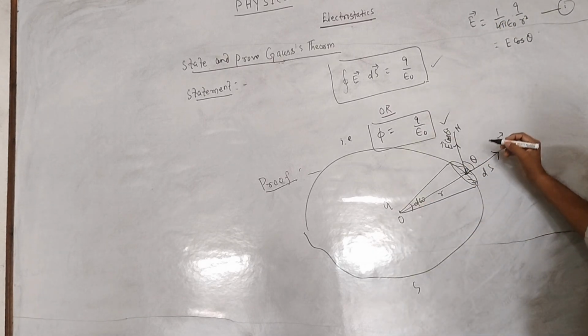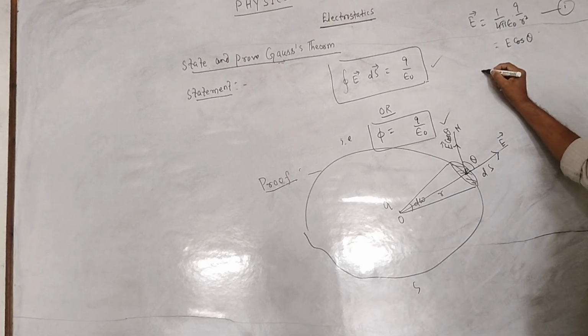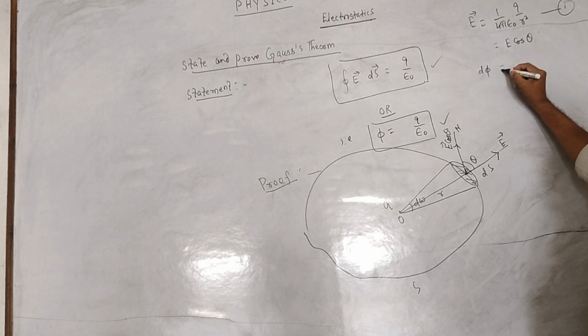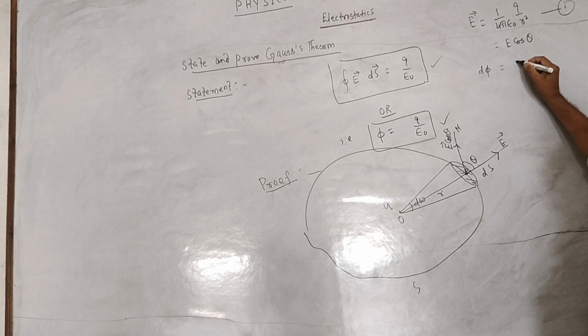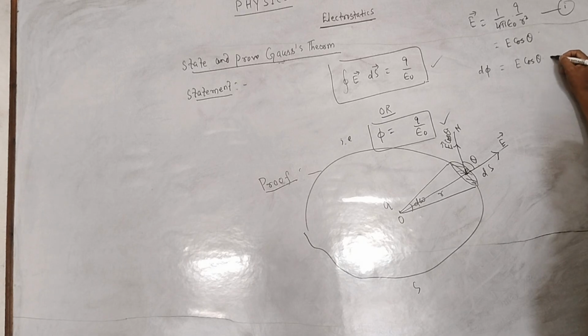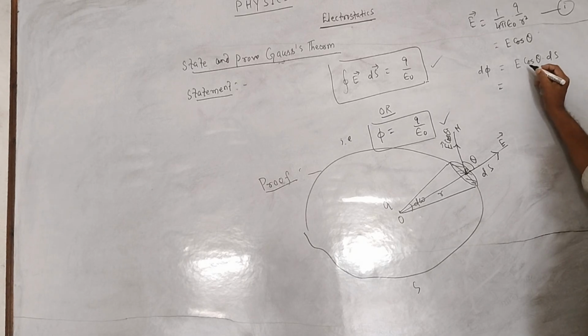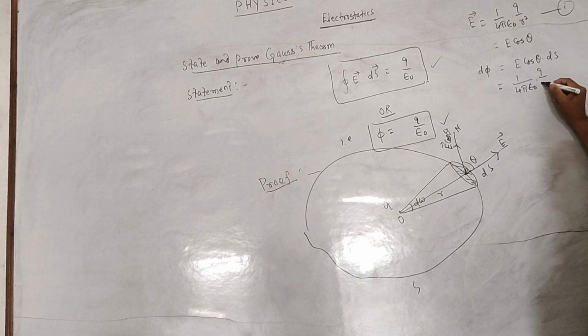Now the small amount of flux passing over the small surface area ds, d phi equal to E cos theta into ds. Putting the value of E, we get 1 by 4 pi epsilon naught Q by r square cos theta ds.